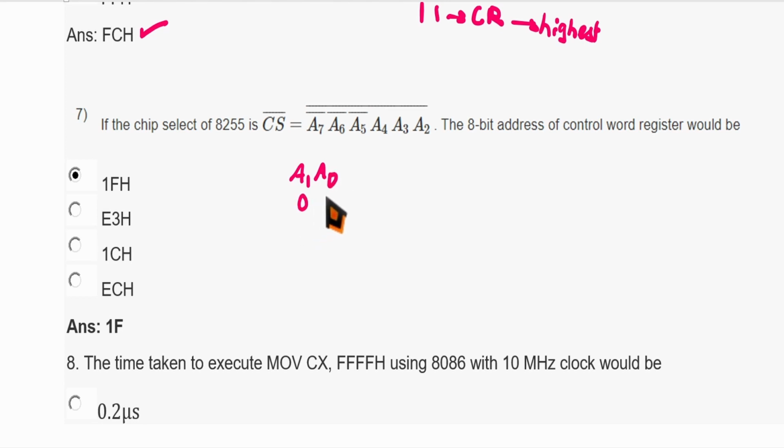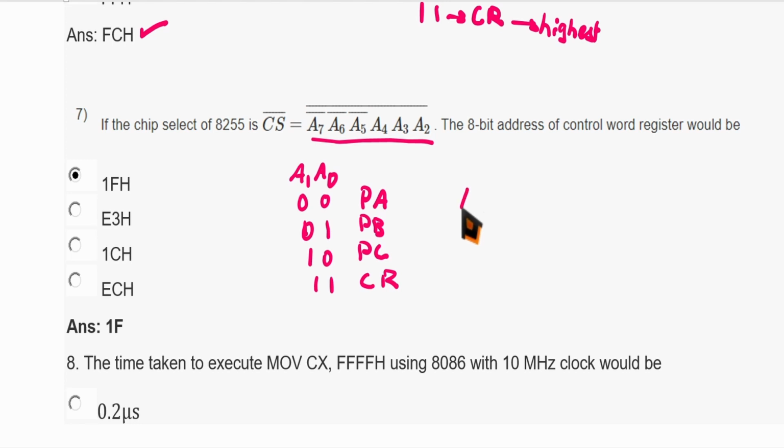If both are 0, then port A will be selected. If this is 01, port B and 10, port C will be selected and 11, control register will be selected. The chip will be selected based on these signals.